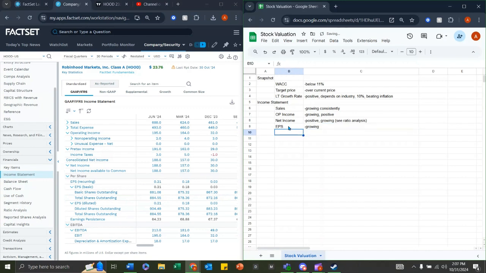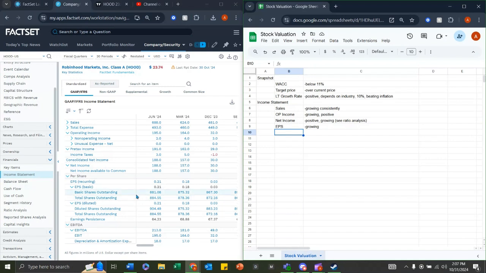Another thing I'm going to do later is assign number values to everything here, have them all weighted based on how important I feel they are, and then come up with some kind of number system that will rate the stock based on everything. That's how the whole analysis is going to go, but for now I'm just doing this part. So EPS growing, that's another basic thing.